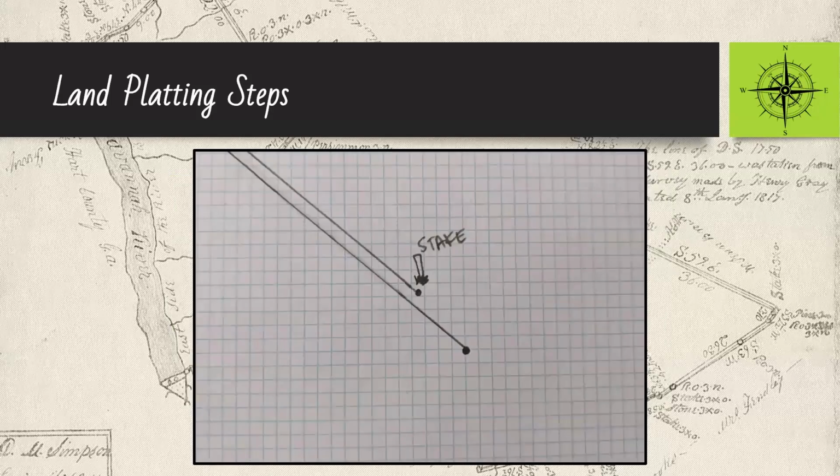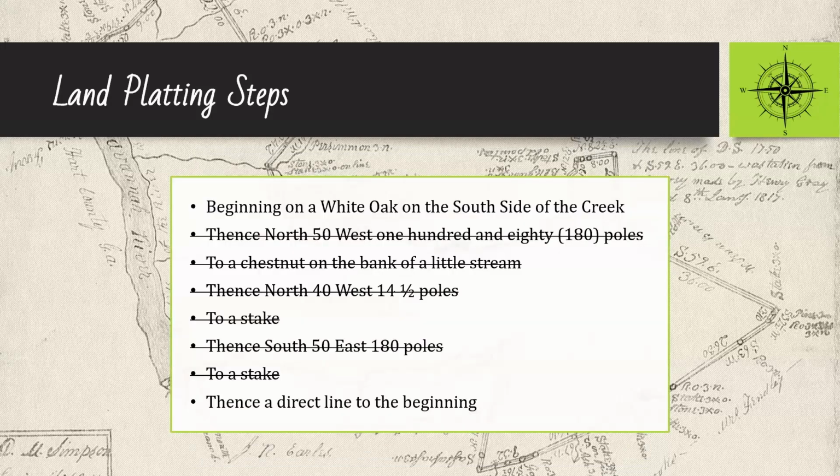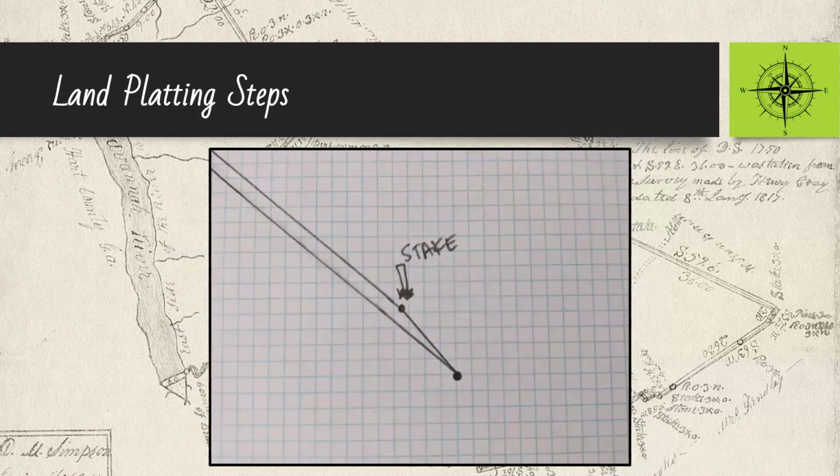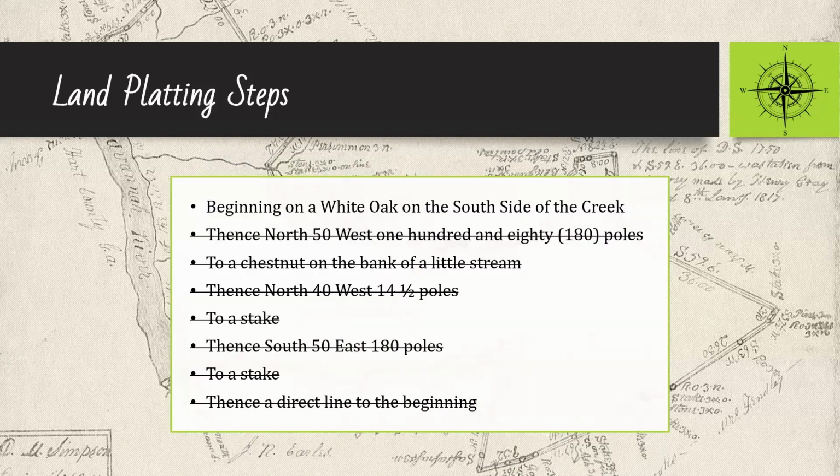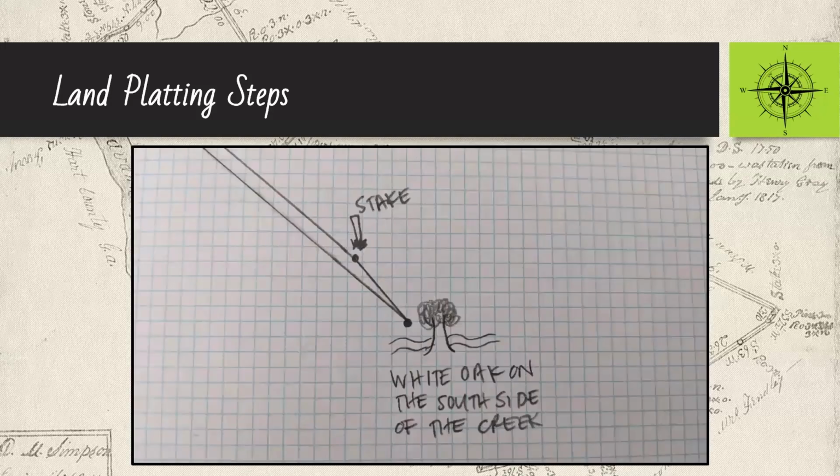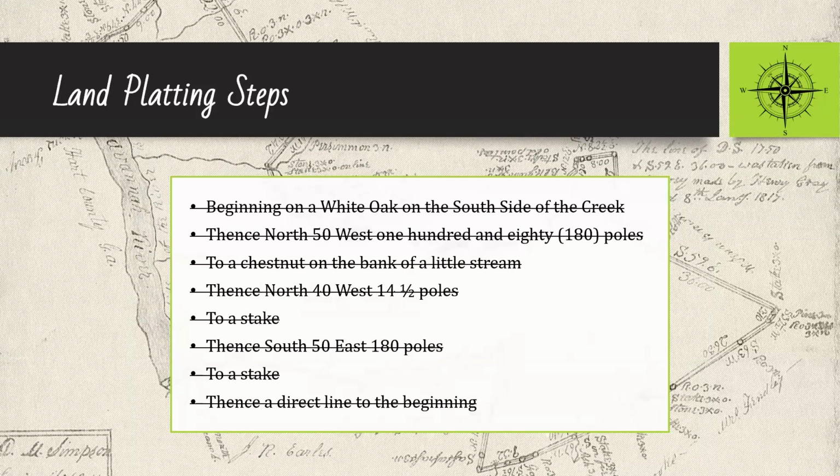So for us, there's our little stake again, direct line to the beginning. Just draw that out, which if you wanted to figure out is the exact opposite, right, of the other end. So also 15 millimeters there. And then there's my white oak on the south side of the creek from the beginning. So there we go.